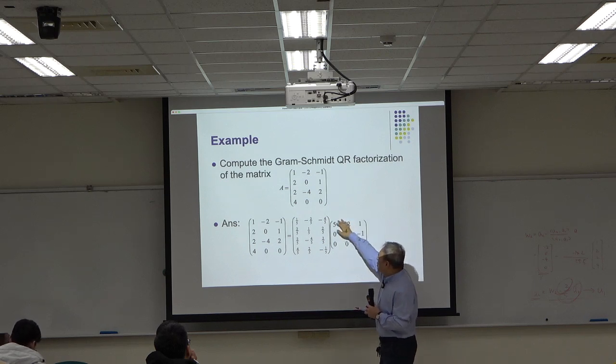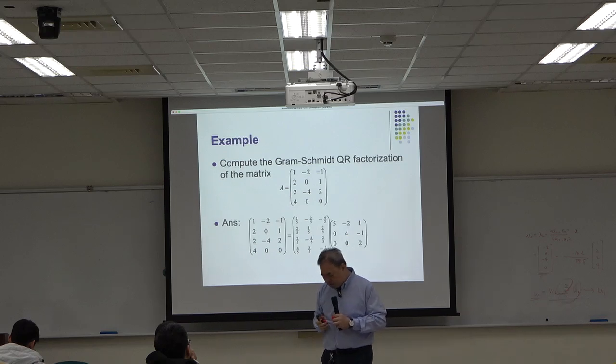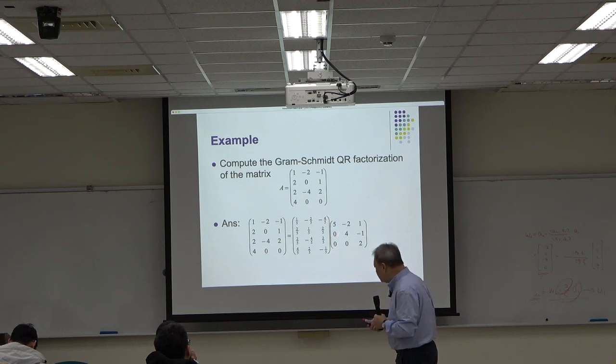And this one will be an upper triangular matrix. So this is our Q, and this is our R.